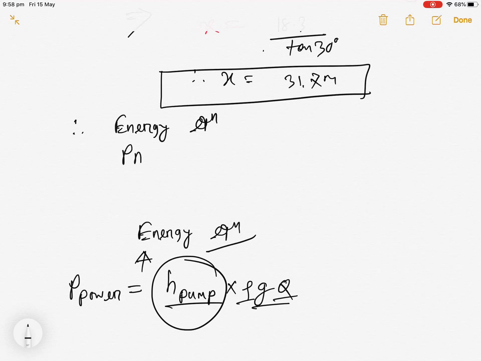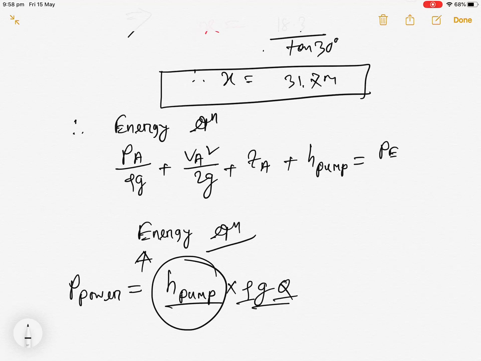Let me write it down here. It is PA over rho g, plus VA squared over 2g, plus ZA height, plus the pump head Hp, equals PE over rho g, plus VE squared over 2g, plus ZE, plus head loss. I will explain, you all know already.